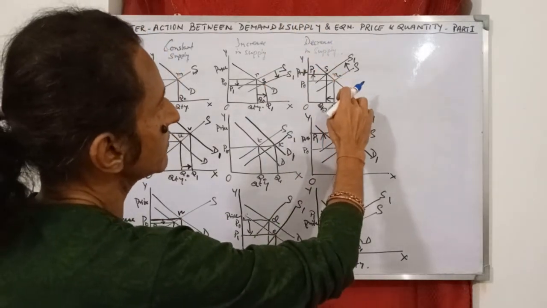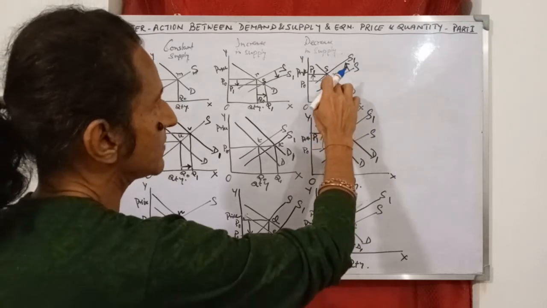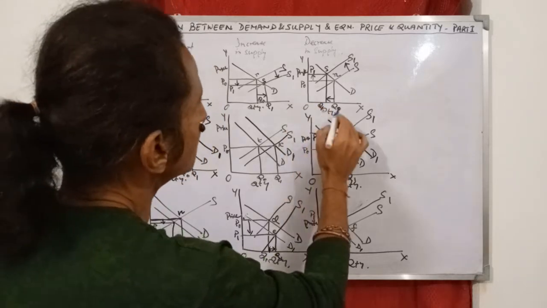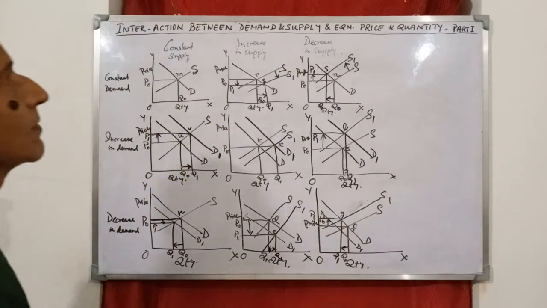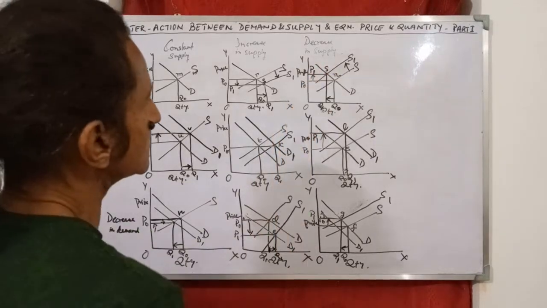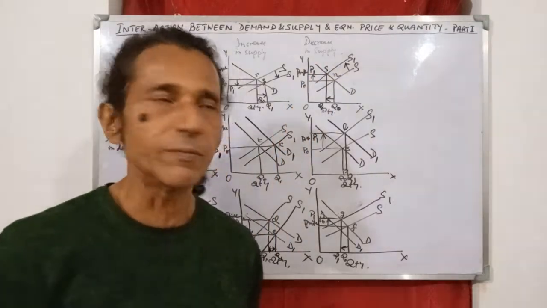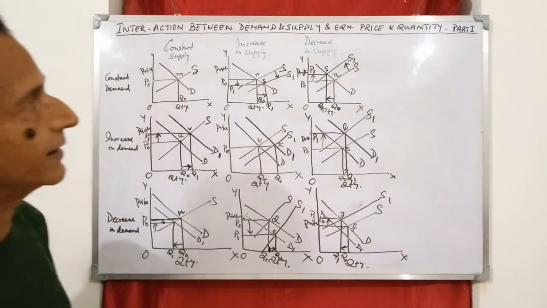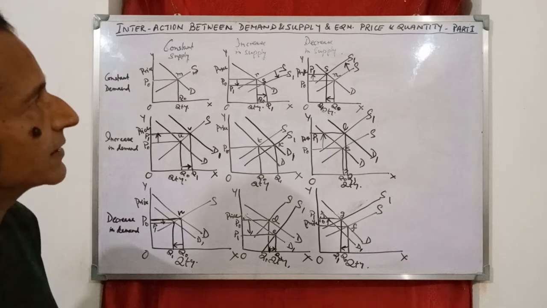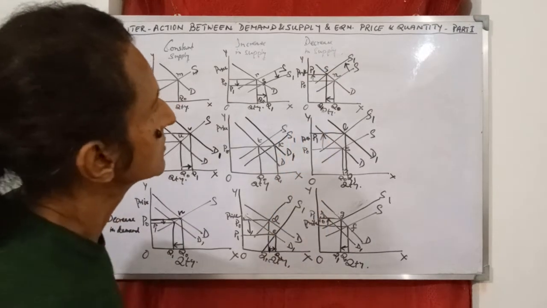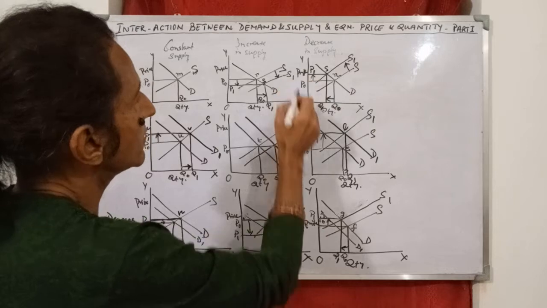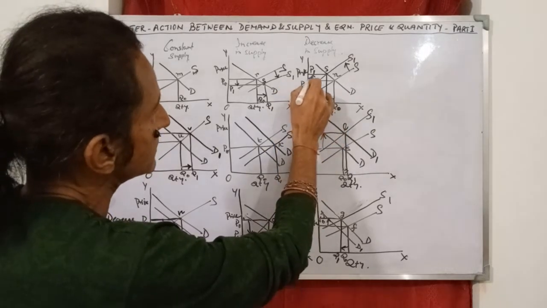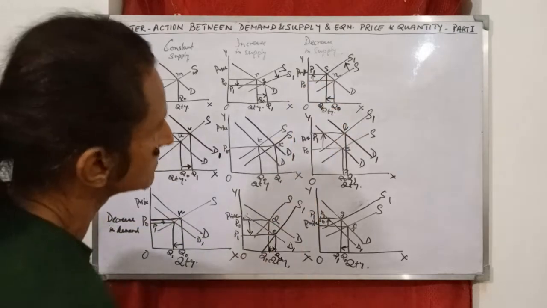Let D be the original demand curve, S be the original supply curve, and both intersect at point N. So equilibrium price and quantity are P sub O and Q sub O respectively. And as supply decreases without any change in demand, the supply curve shifts parallelly leftward from S to S1, and S1 intersects demand curve D at point S. So new equilibrium price is P sub 1, new equilibrium quantity is Q sub 1. So equilibrium price increases and equilibrium quantity falls.